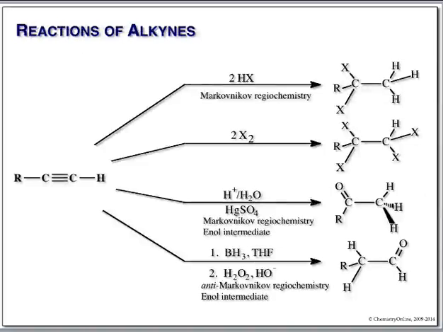The only difference is, instead of adding 1 mole, we're going to add 2. Both halogens will go on the same carbon. We're going to do these later. This is just an overview. Addition of, say, bromine or chlorine to a triple bond is just like an alkene, except it happens twice. So we wind up with 4 halogens in our molecule.